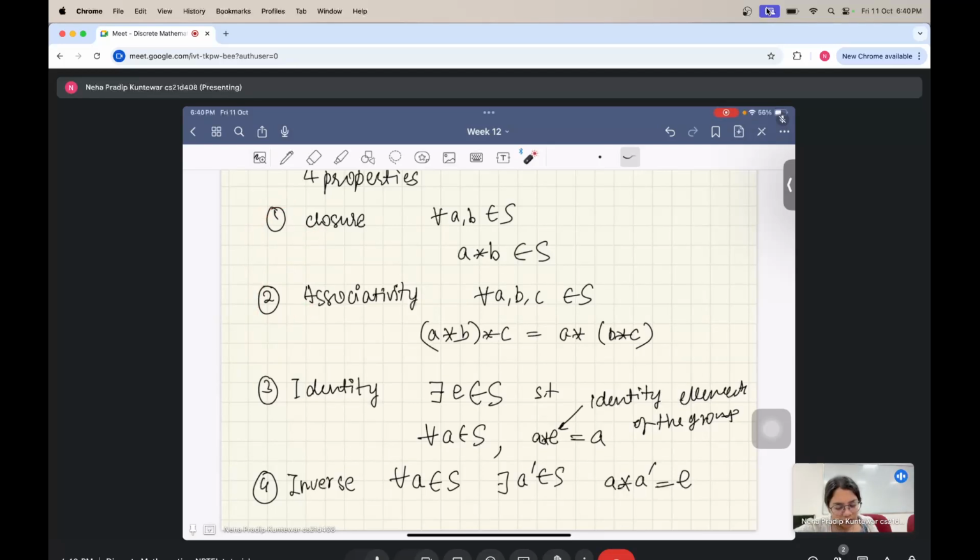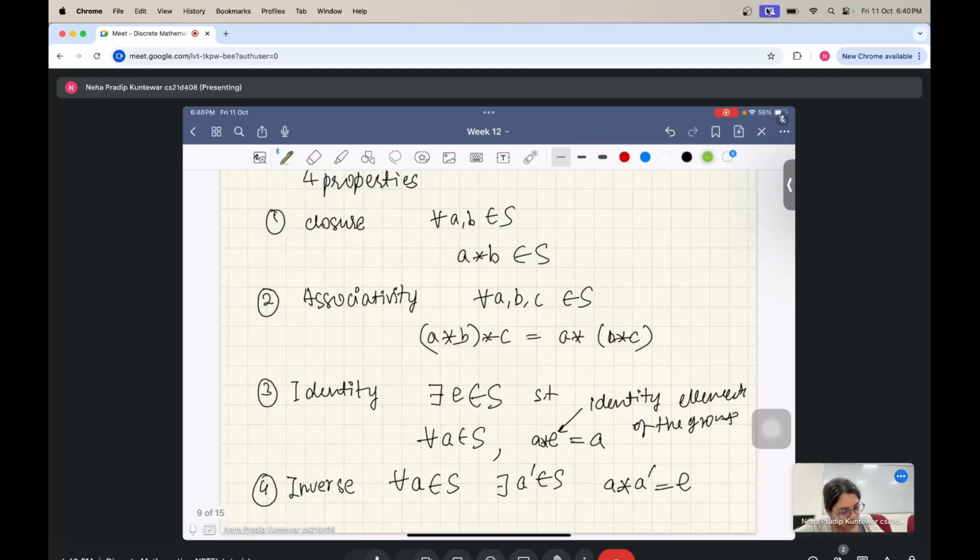Similarly, if you just have two of these properties, there is a different name corresponding to that. If you add one more property, commutativity, that is, a star b is equal to b star a for all a, b in S, then you say the group is commutative, and such a group which satisfies all the properties goes by the name abelian group.